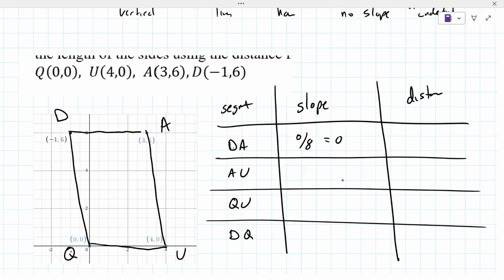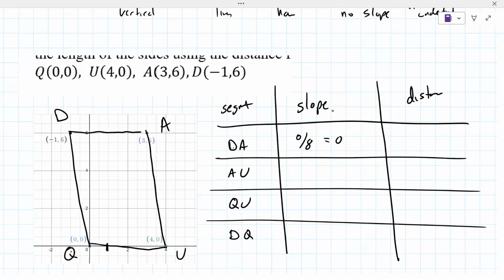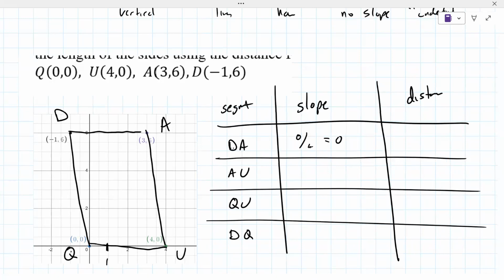And -12/2. One of the problems here is that this isn't scaled by 1. It's scaled by half, so that's going to affect some of your answers. I should have mentioned this earlier. So it's actually 0/4. So would it be -6/1? Yes, for AU. All of them are going to get cut in half. What about QU? 0/4, yep, and the other one is -6/1.